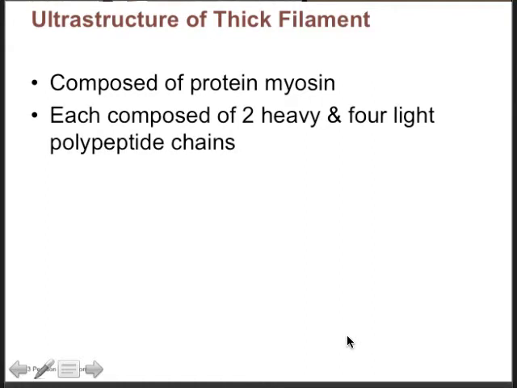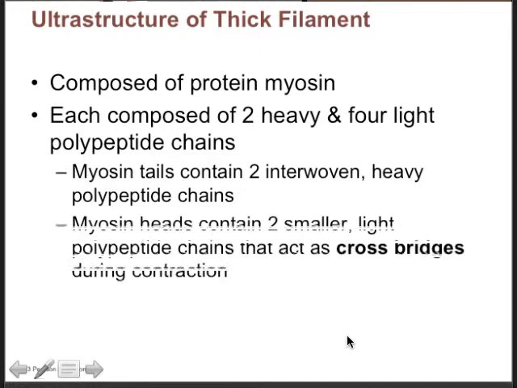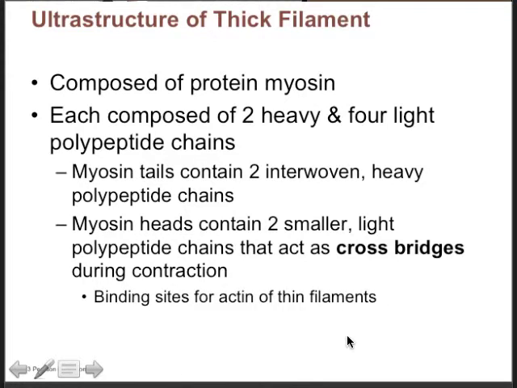Each is composed of 2 heavy and 4 light polypeptide chains. The myosin tails contain heavy interwoven polypeptide chains. They are dimers. The heads contain 2 smaller light polypeptide chains that act to cross-bridge during muscle contraction. These are binding sites for actin in the thin filaments.